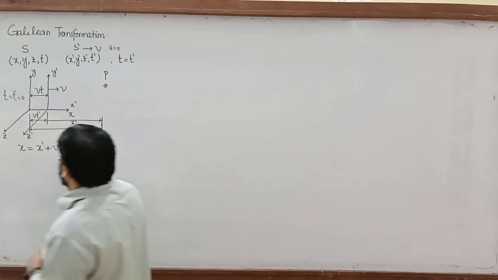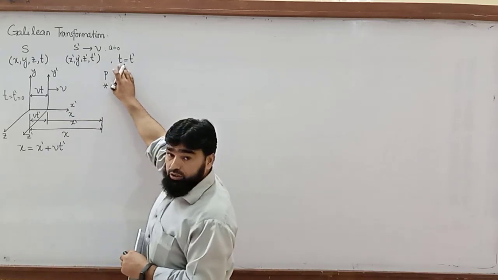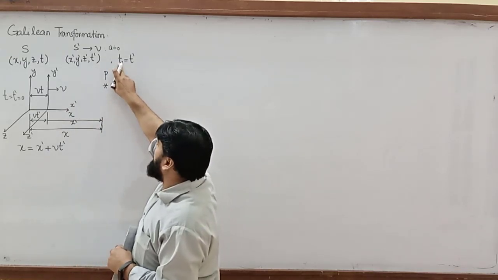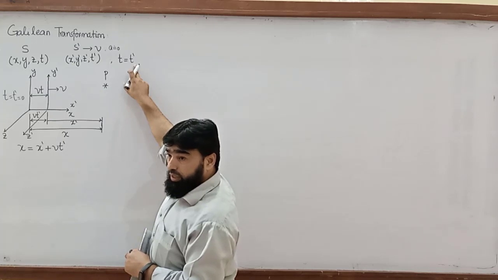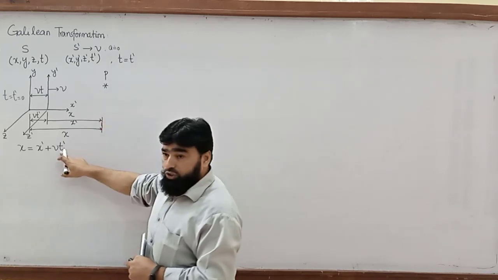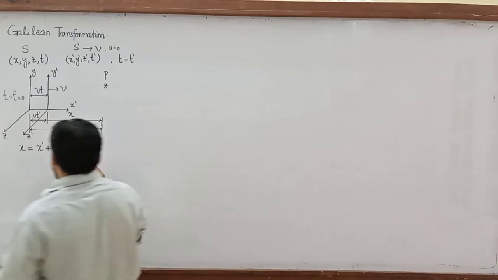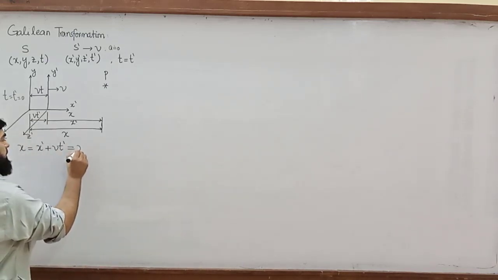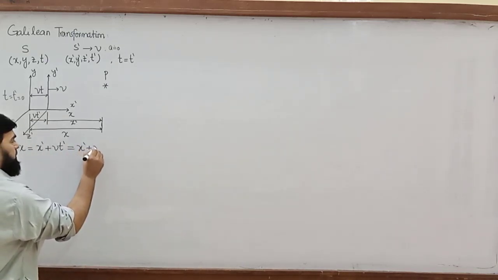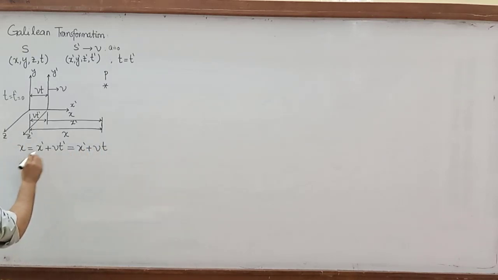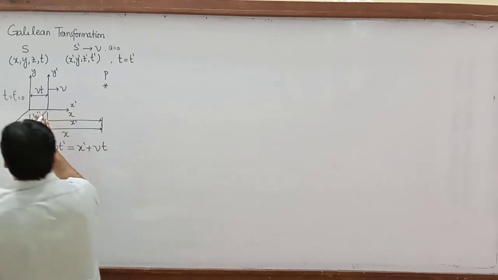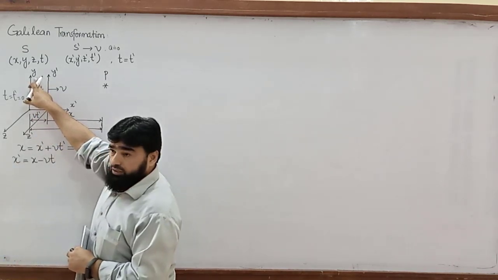But in the linear transformation, we are having t equals t prime. Then I can write this t prime is t as well, because it will not make any difference in this transformation, and this is Vt. Now from here I can write that x prime is equal to x minus Vt. What about the y-axis?